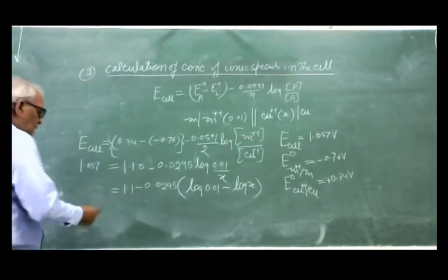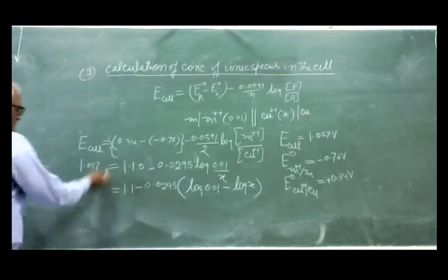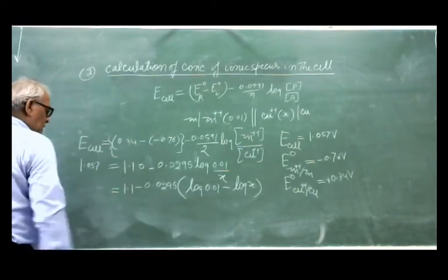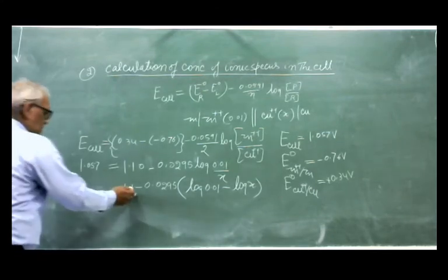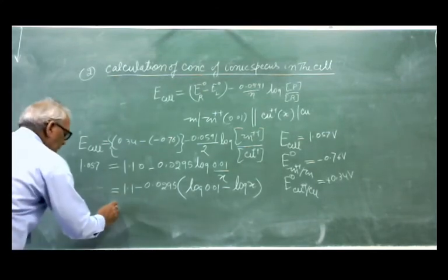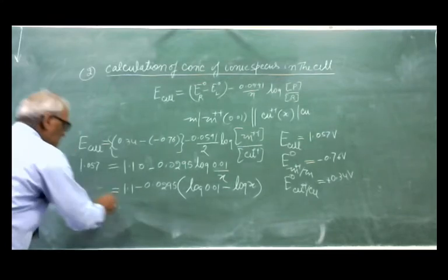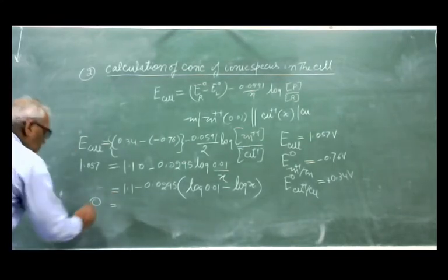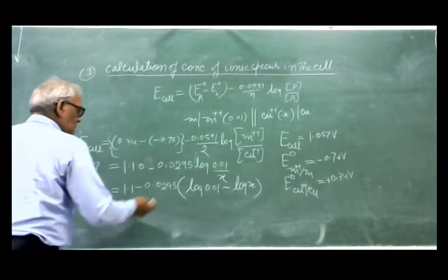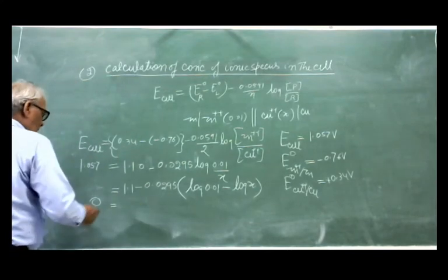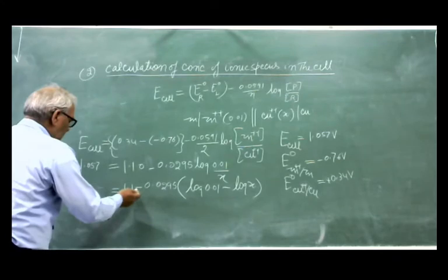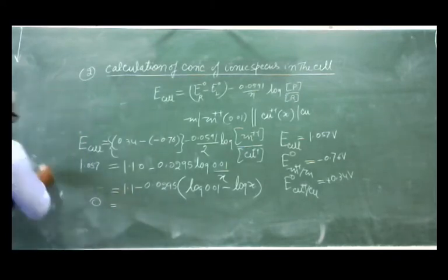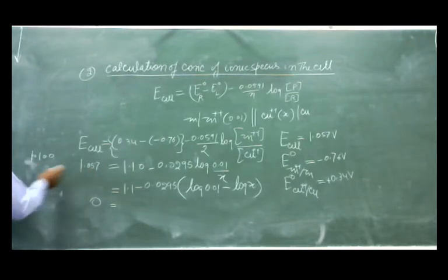You can put it here like this. Suppose this is this one, so you will get how much? Here 0, and this goes to here. So 1.100 like this.